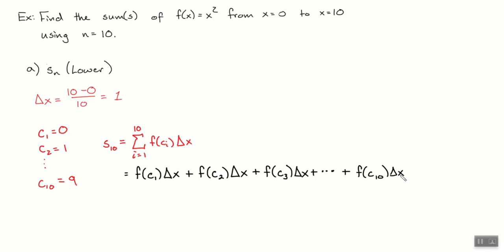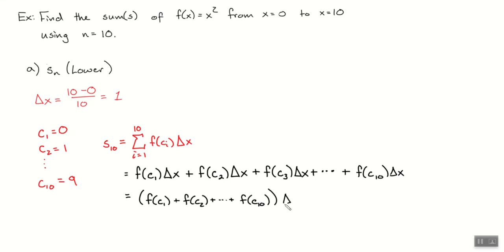So essentially what we're being asked to do then is I'm going to put the delta x on the right side when I factor it out because it feels more natural for me to have the delta x there. But what would be left inside then? We would have f of c sub 1 plus f of c sub 2, and I'm going to use my ellipses here, plus all the way to f of c sub 10. And then every single one of these just gets multiplied by what?